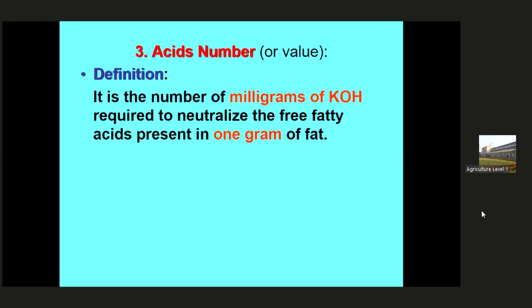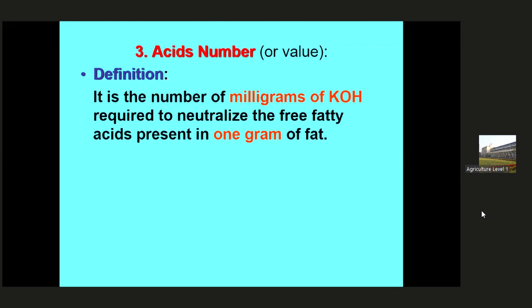This is called rancidity. So some milligrams of potassium hydroxide are added to neutralize it, giving the acid number. If you get a number that is not in the reference value of the acid number, then the fat is declared rancid fat.